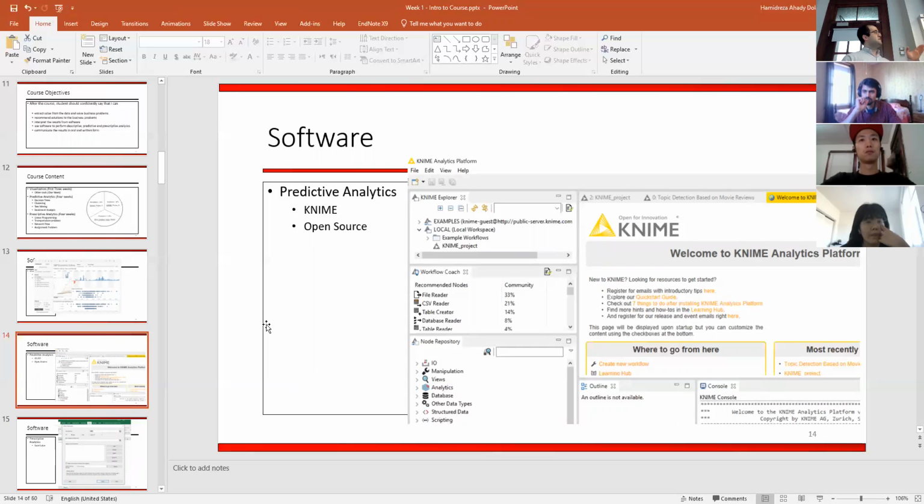But this KNIME tool is a graphical interface. You just drag and drop. You can do many good things, but you cannot customize it very well. Also, another thing, whenever there's a new model, new research, people make new models, let's say deep learning is not that new now, but let's say somebody ends up creating a new model.